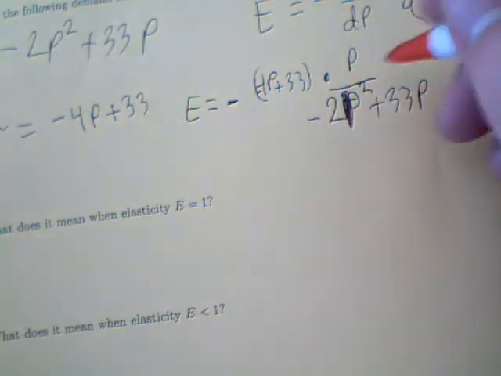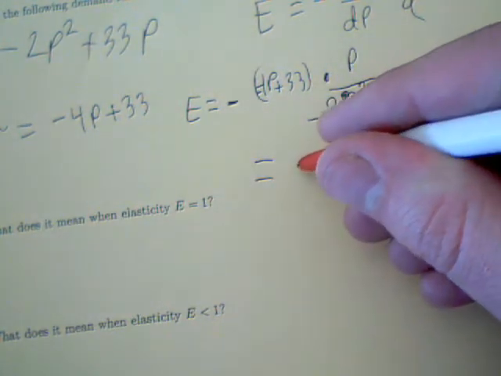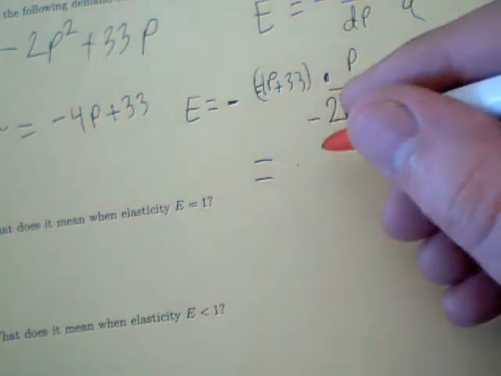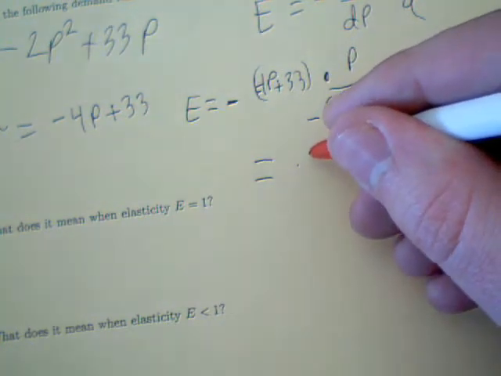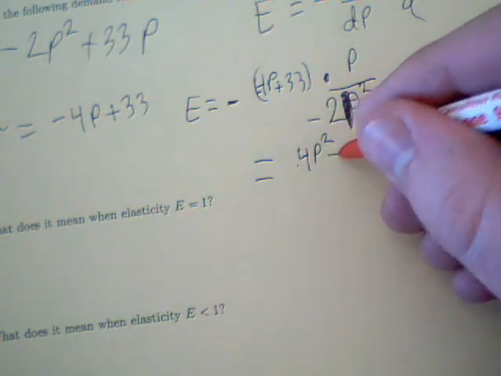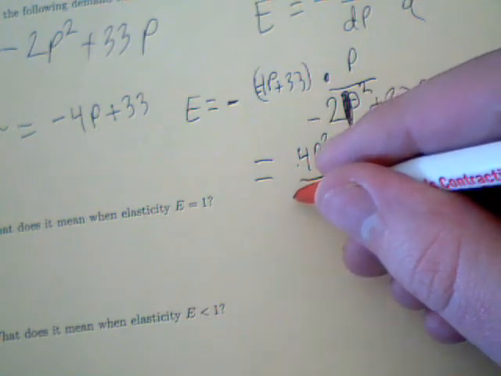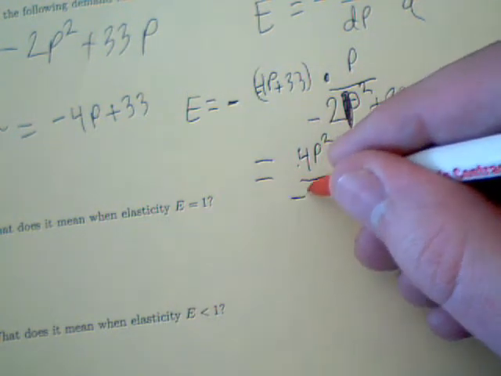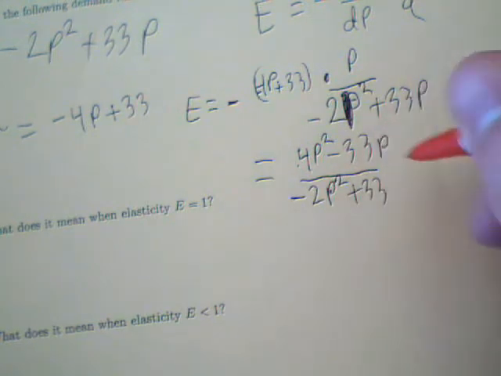Alright, keep in mind all these negatives, at the end of the day it should be 4P squared minus 33 over 2P squared plus 33. Oops, forgot the P up here, P there. Okay.